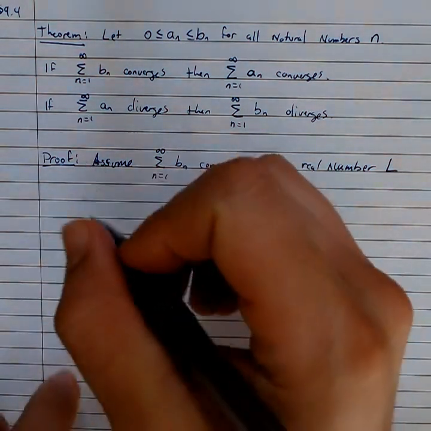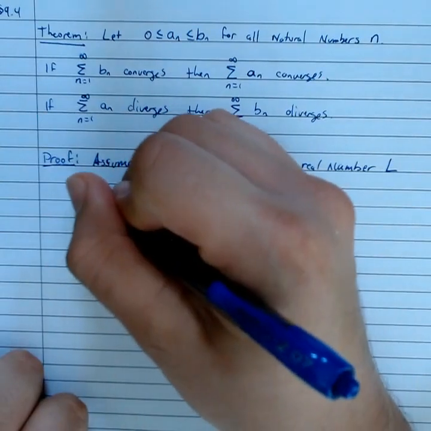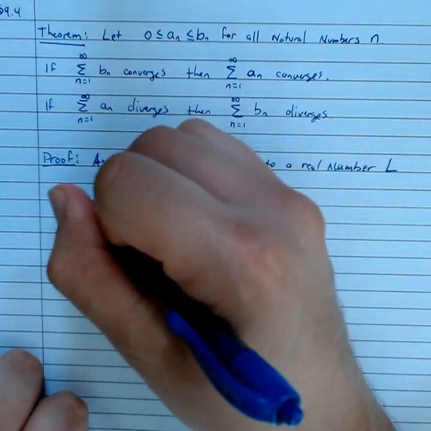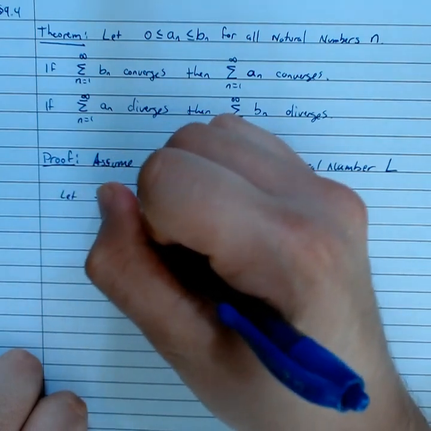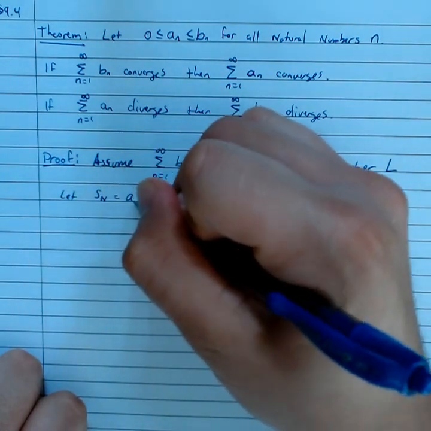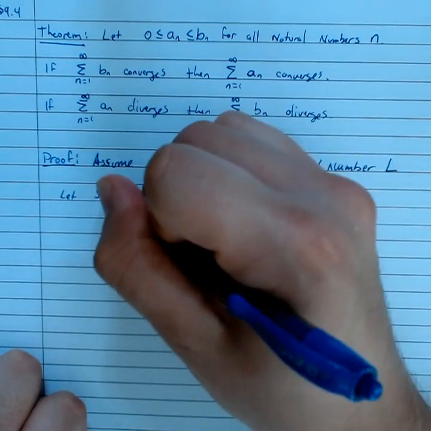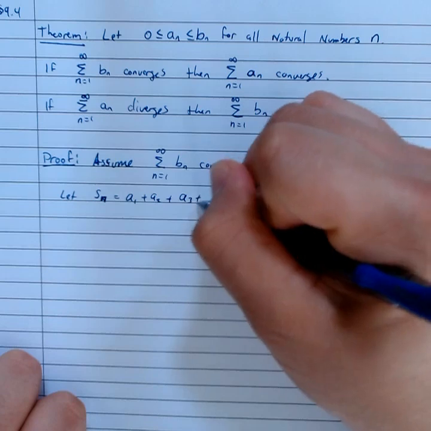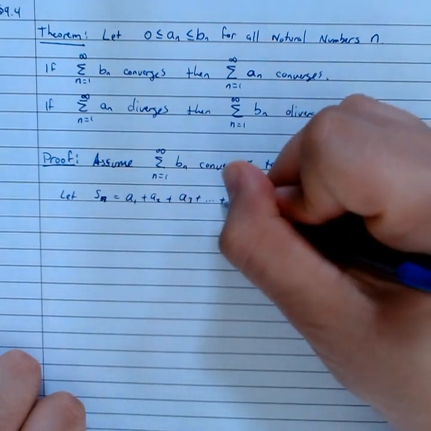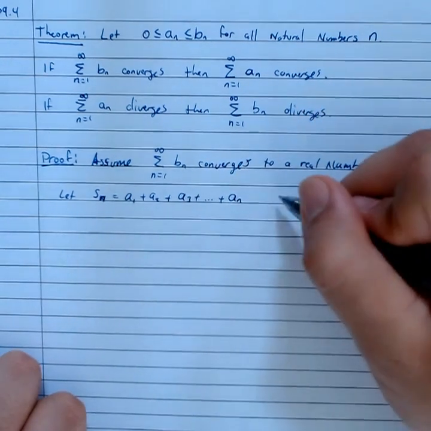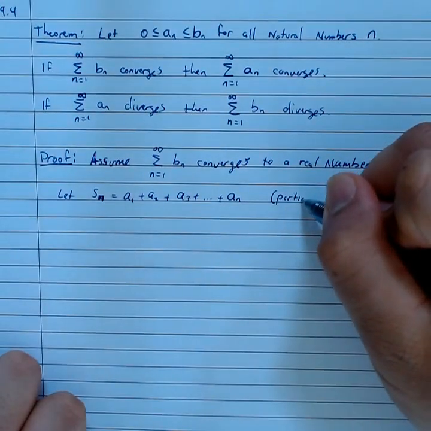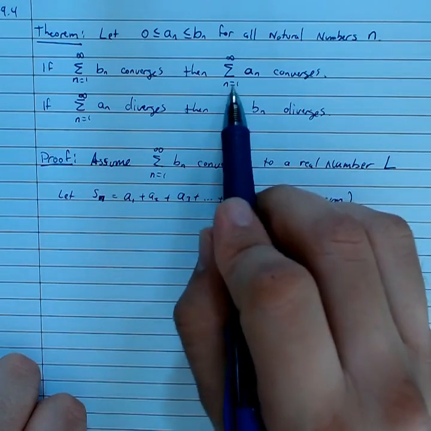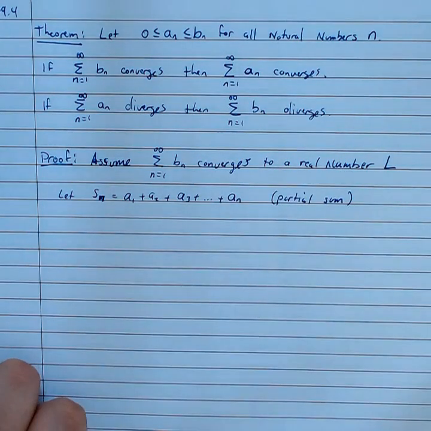Well, now we can consider the partial sums of this series. So let's let S sub n equal a sub 1 plus a sub 2 plus a sub 3 plus all the way until you get to a sub n. And here that's the partial sum of this infinite sum.